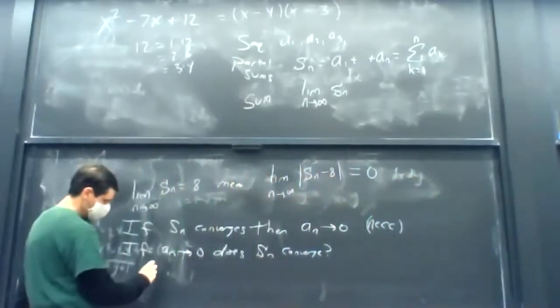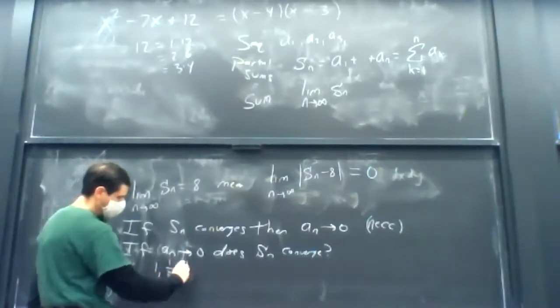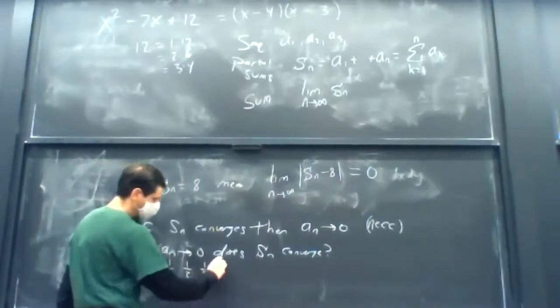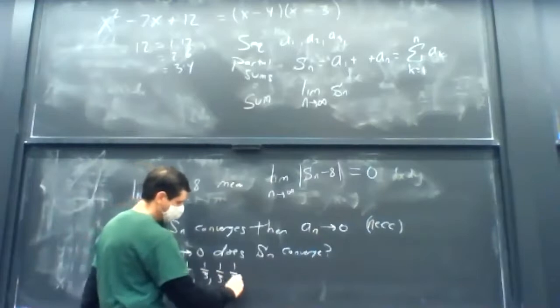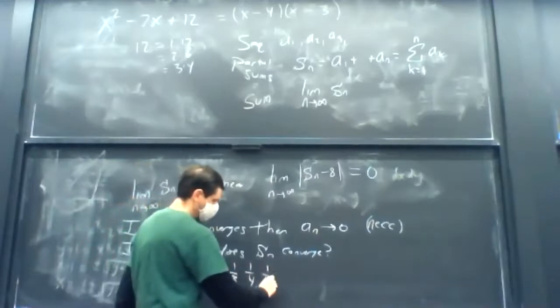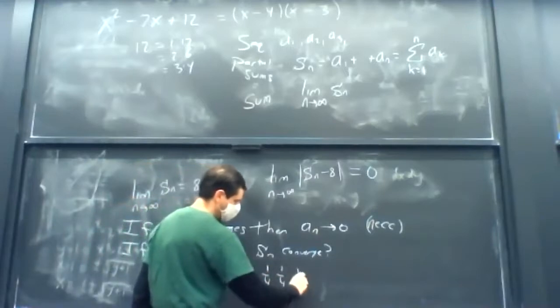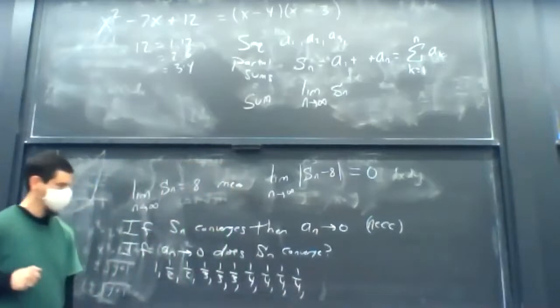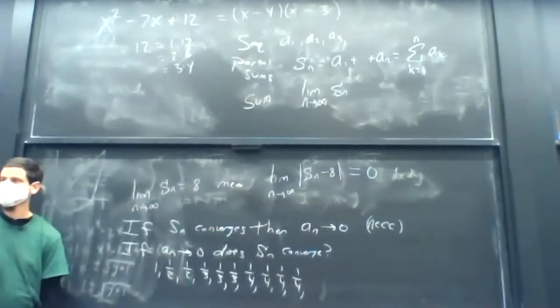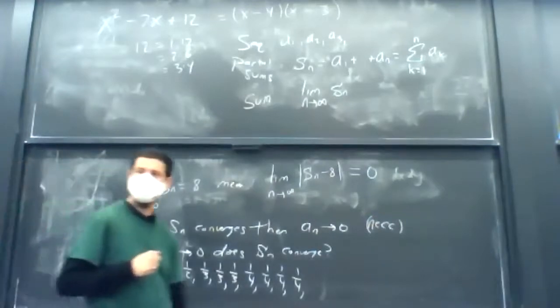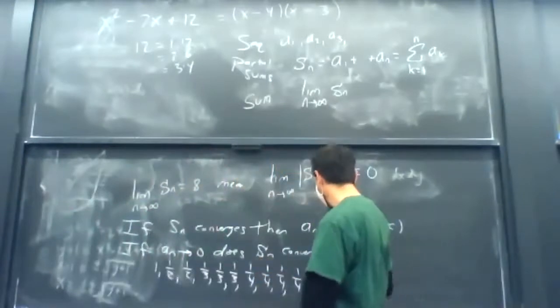Well, let's look at the following series. 1, 1/2, 1/2, 1/3, 1/3, 1/3, 1/4, 1/4, 1/4, 1/4. What am I doing? What will be next? And how many times will I have 1/5?